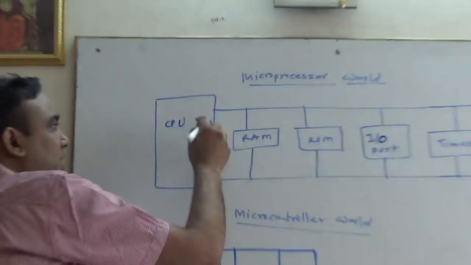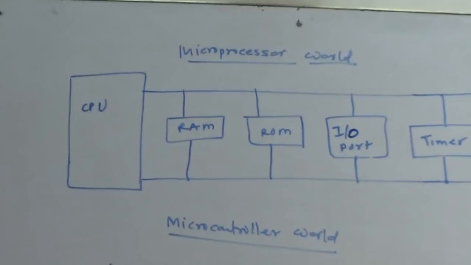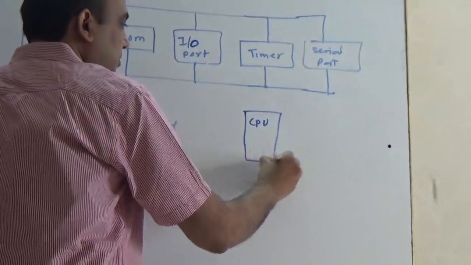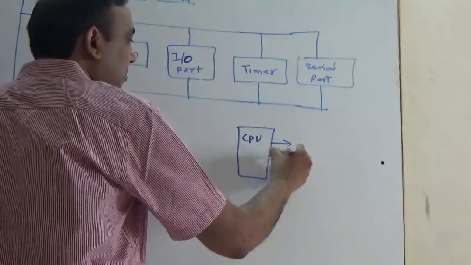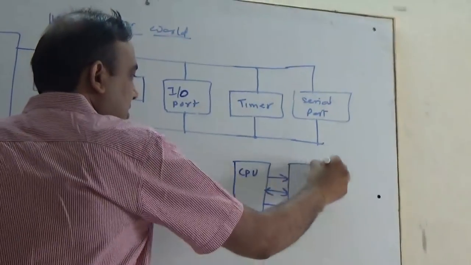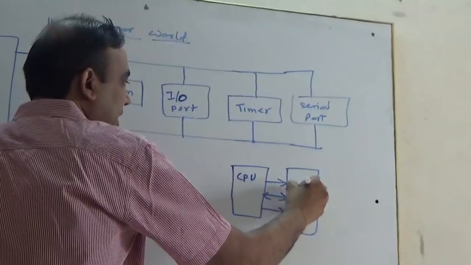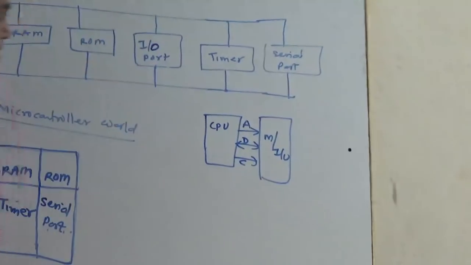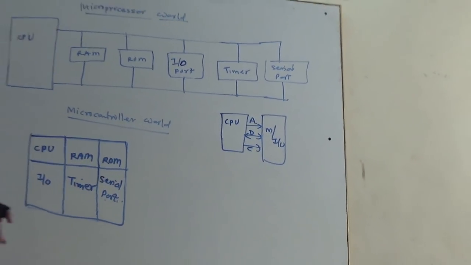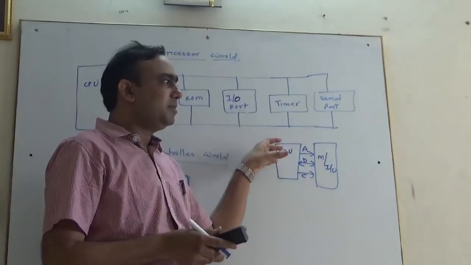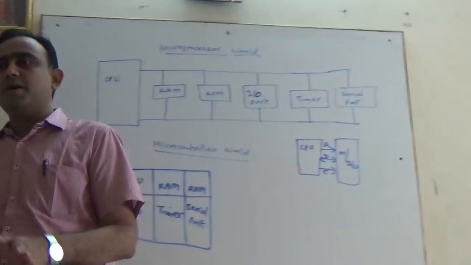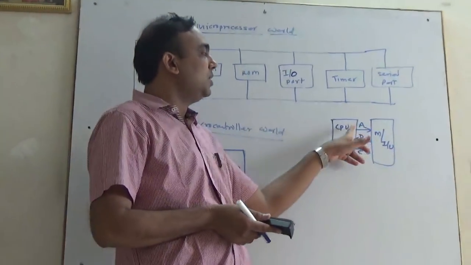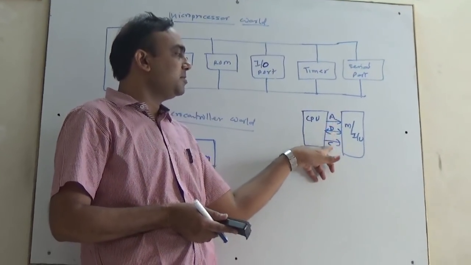So we need to have address and data buses. In the microprocessor world, the CPU is connected with the help of buses to the memory and I/O devices. We need an address bus, data bus, and control bus.